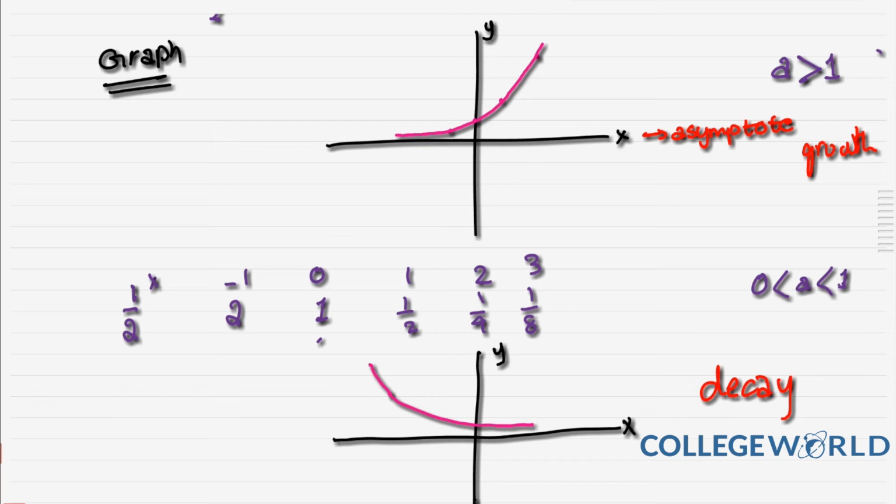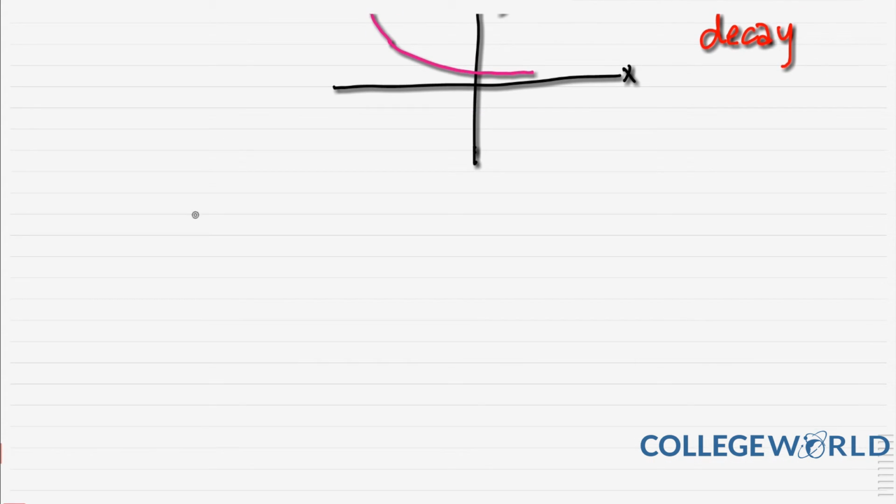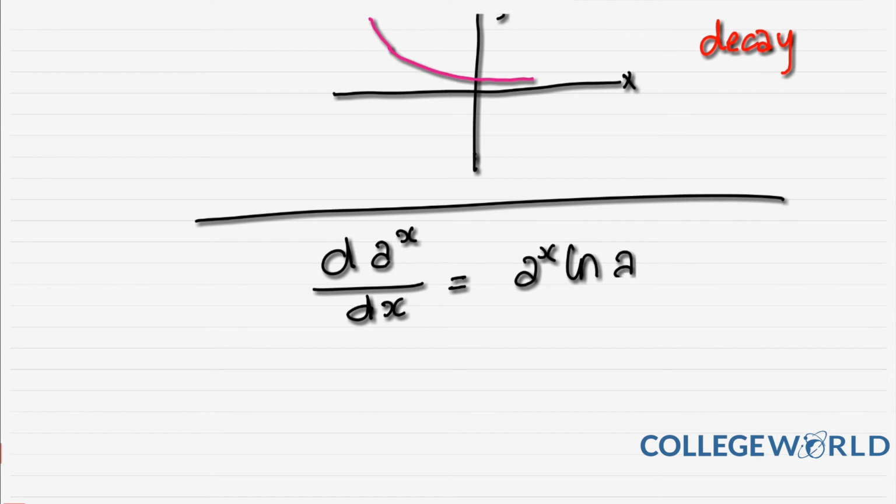But before doing that, I want to tell you something. This will be explained later, but you need to know that if you differentiate a to the power x, you are going to get a to the power x times ln a, and you'll know what ln a is in a while. As you see, ln a is actually a constant.